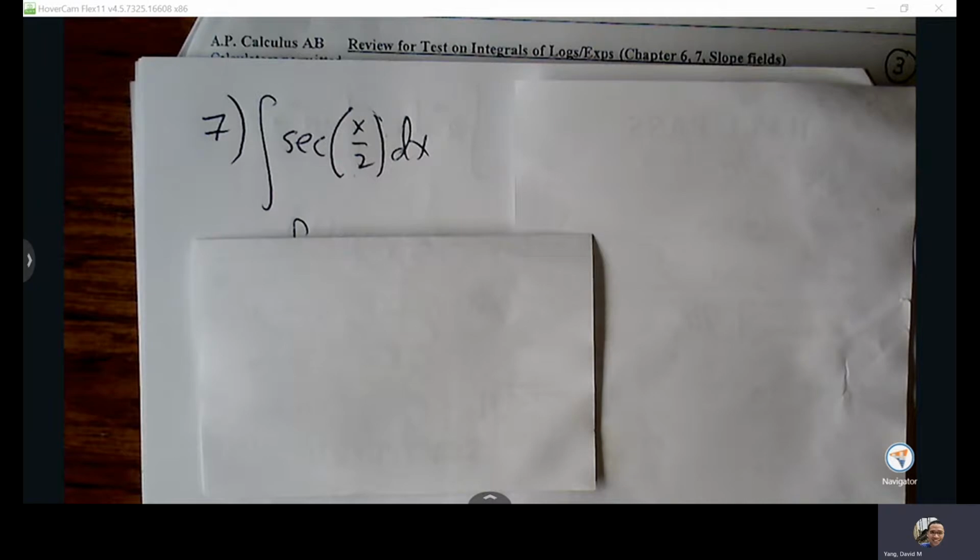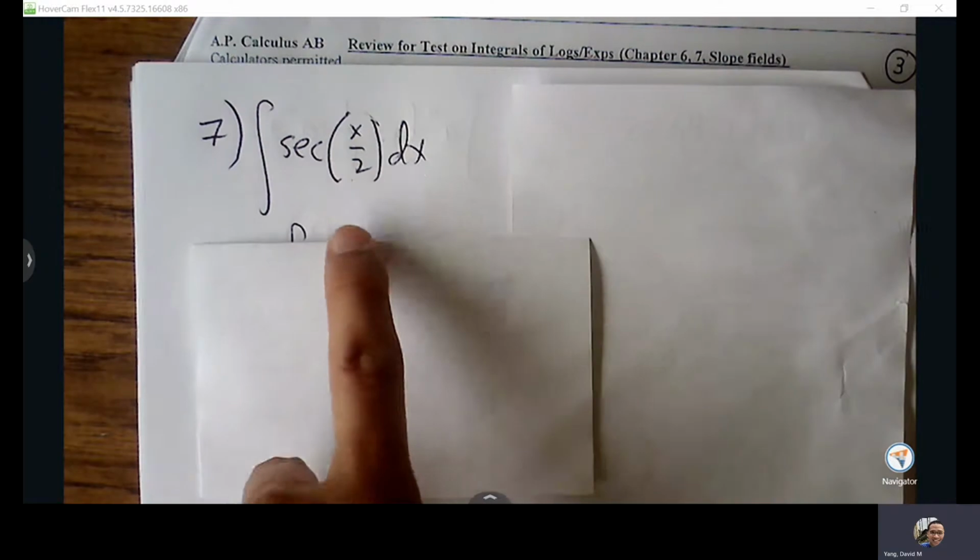What's the u value? X over 2. So anytime there's a trig function with a little bit of something inside it, you've got to keep in mind that there's always going to be a leftover coefficient out in front. I think I saw this on the last quiz, remember the problem that I had with multiple trig functions all lined up together? Most of you did well just identifying all the appropriate integral rules. But I think one of them was sine of 2x or cosine of 2x. And that 2x, we can't just ignore it. That 2x is going to produce a leftover because of u substitution.